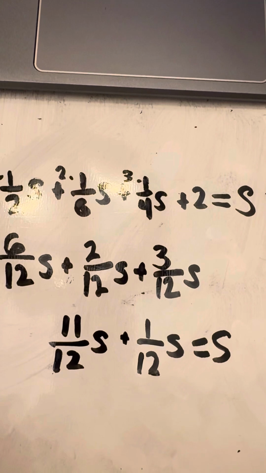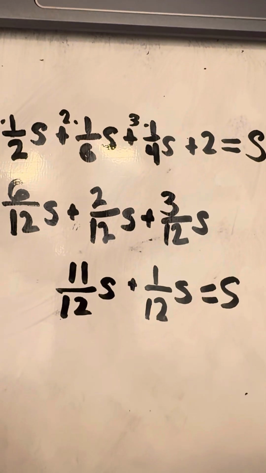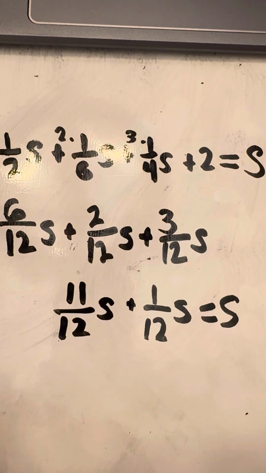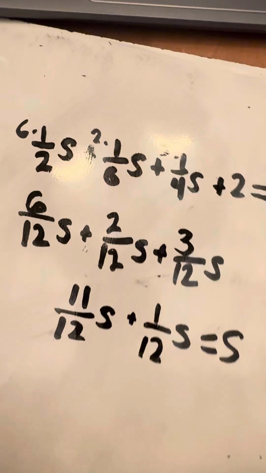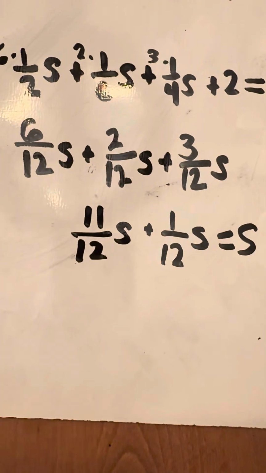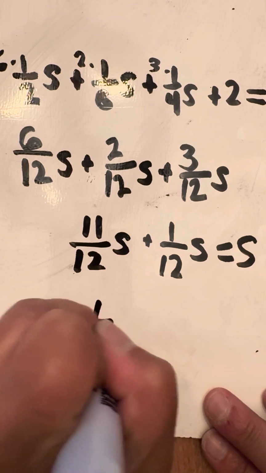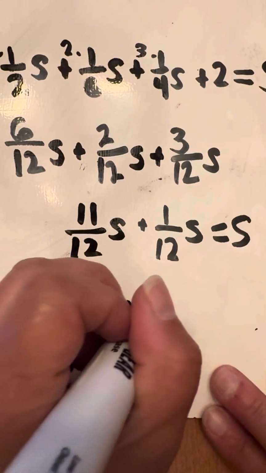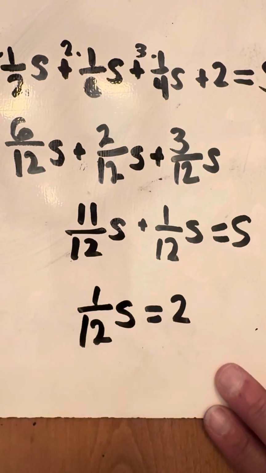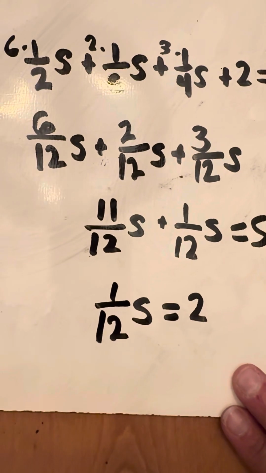Now, if I want to solve this, I'm going to take the 1/12 of the students. We know how many there actually are, so we're able to solve this problem. So we're going to say that 1/12 of the students, which equals 2 kids, is going to help me with figuring out how many there are.